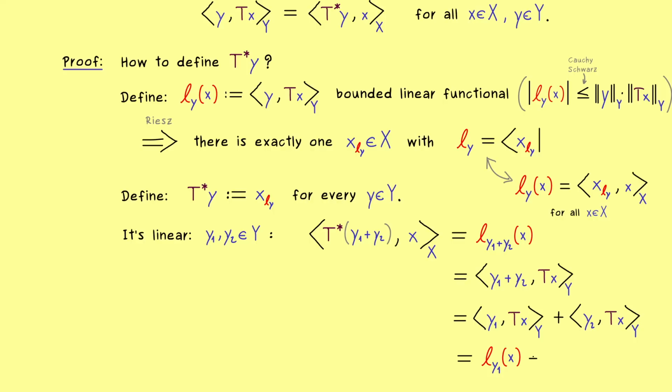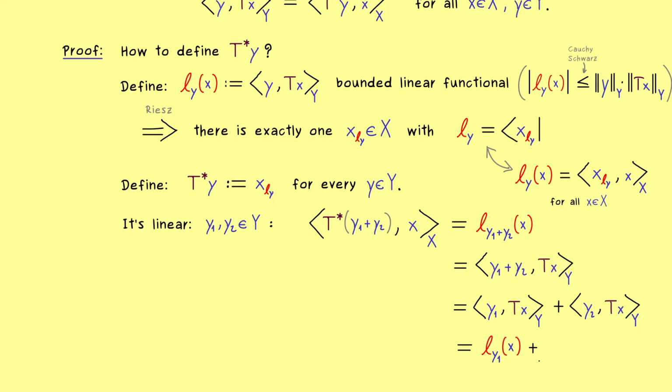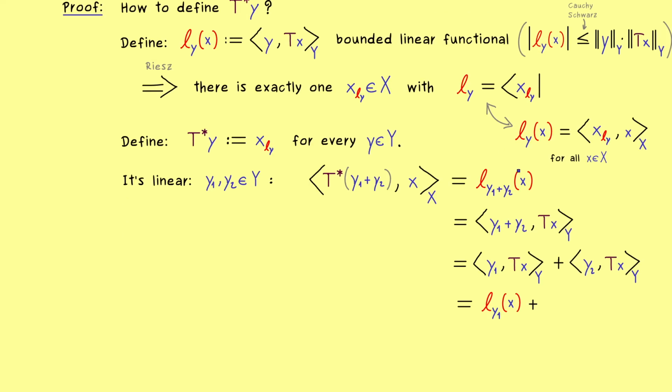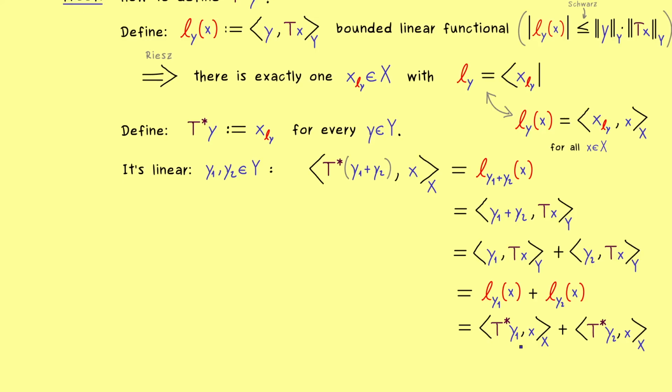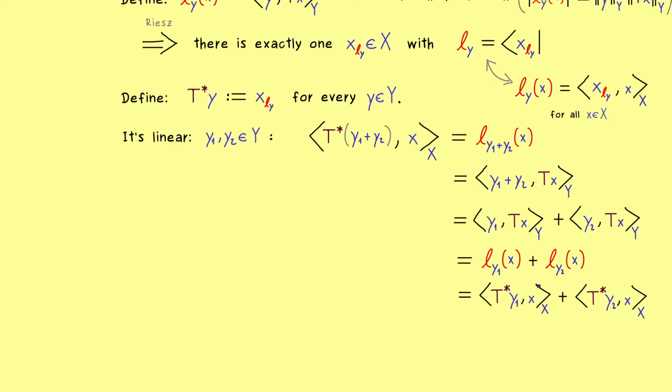So just the addition of two linear functionals, but there we also already know that this is exactly the definition of T star y. In other words, now we can write it as two inner products in X again. And of course, this helps us a lot because we can use the linearity of the inner product in X again. So we only have one inner product, and there we have the sum of the two images.